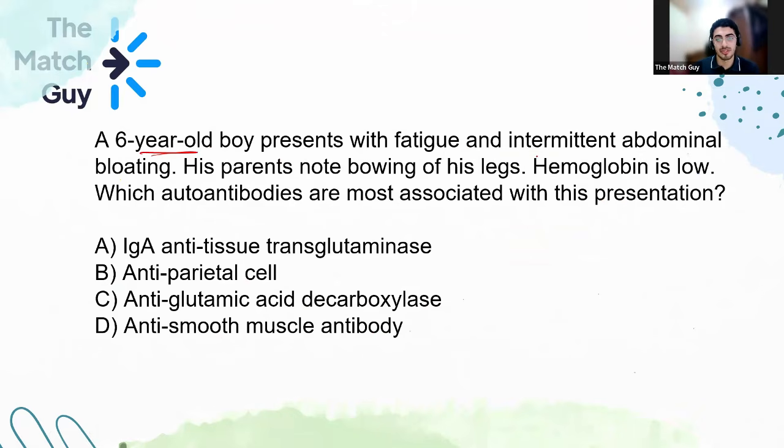A 6-year-old boy presenting with fatigue and intermittent abdominal bloating. His parents note bowing of his legs. Hemoglobin is also low. Which autoantibody is most associated with this presentation?